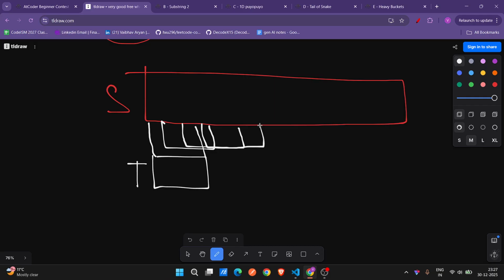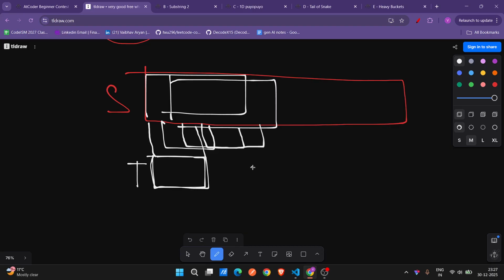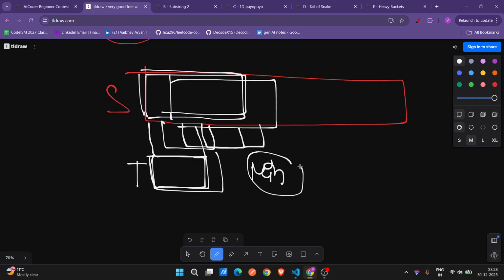That means you have to take this t and compare it to each block of s, and calculate the minimum amount of operations needed to make this part exactly equal to this part. Then you extract those values and take the minimum over all of them, right?